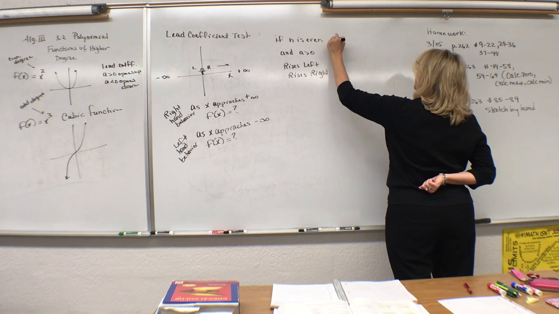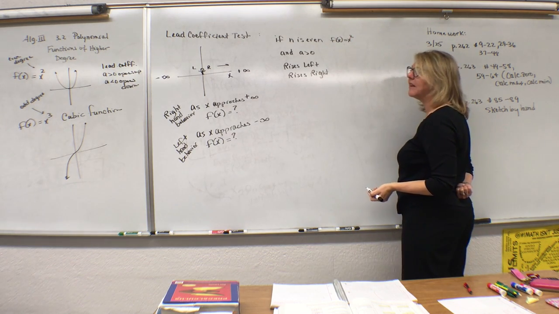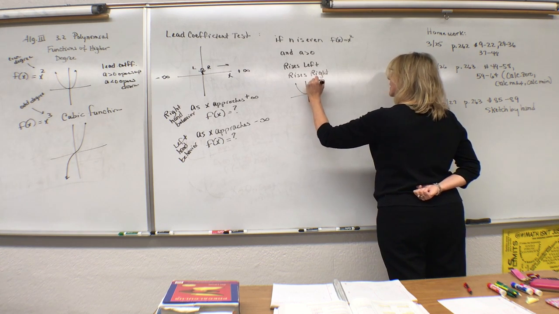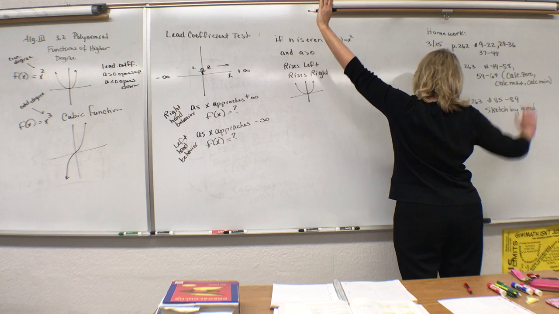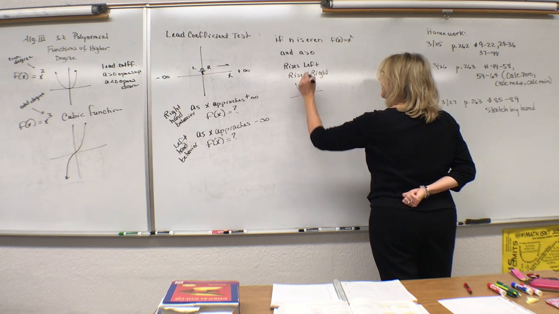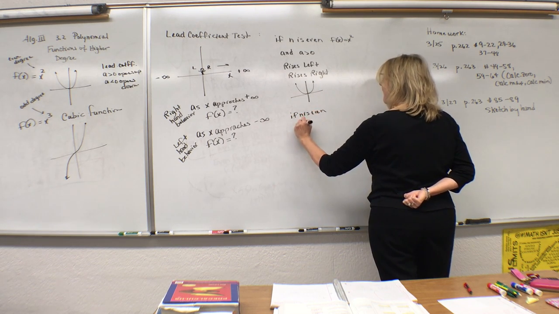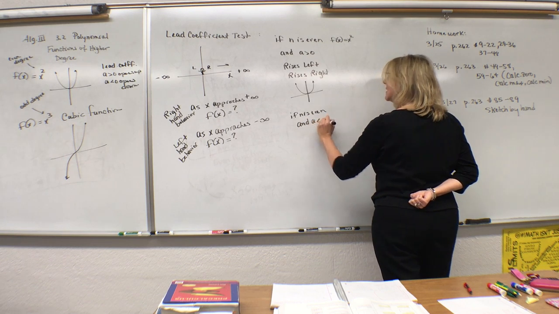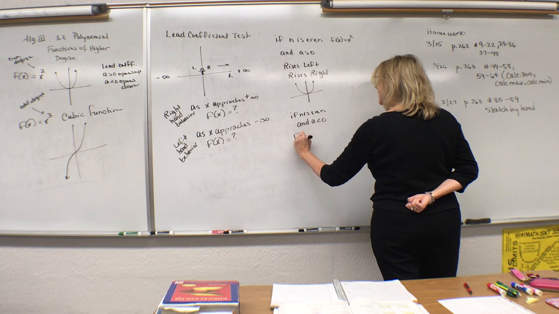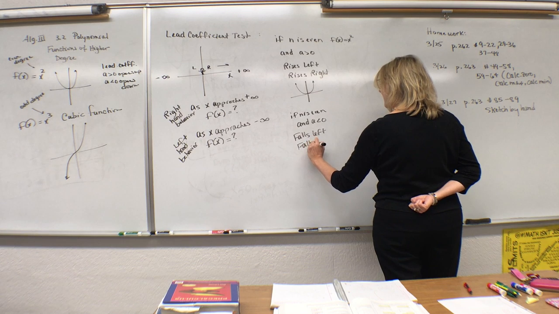N is even. Think about f of x equaling x squared. It's the easiest one to think about. When we have a positive lead coefficient, we are rising left and rising right. If, on the other hand, n is even and a is less than 0, then we say falls left, falls right.